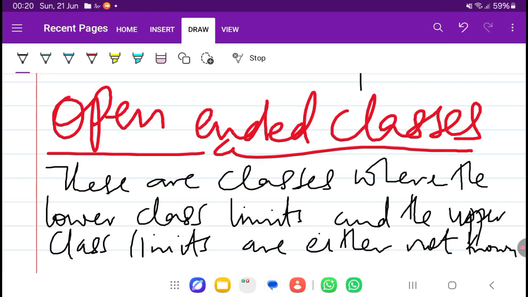In other words, they are far from the rest of the values, or they may change with time or circumstances. They are either not known because they are too far, either too small or too big, or they may change with time or with the circumstances.